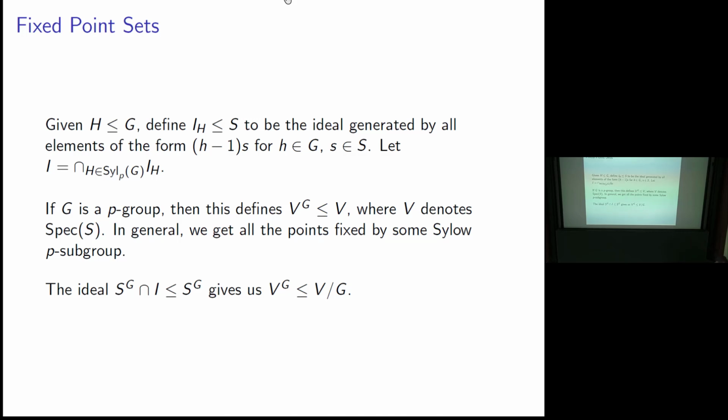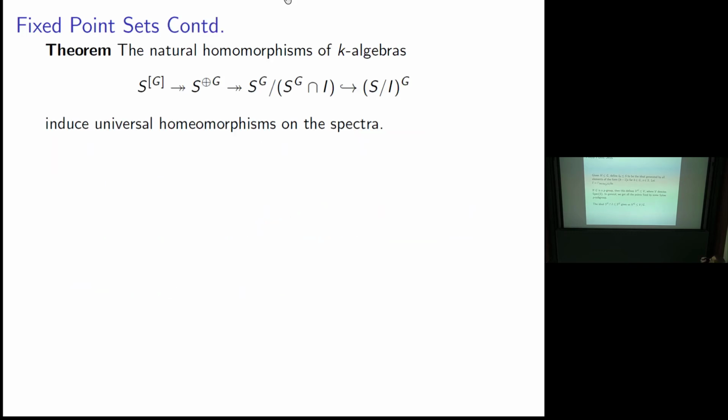So, to untangle this, here's a theorem. You have a whole lot of things: there's the Brauer construction, there's the trivial summands, and then there's things from algebraic geometry, which basically are the fixed points.